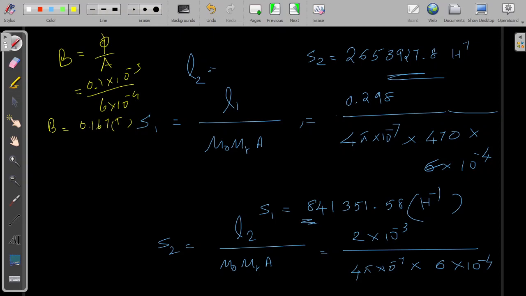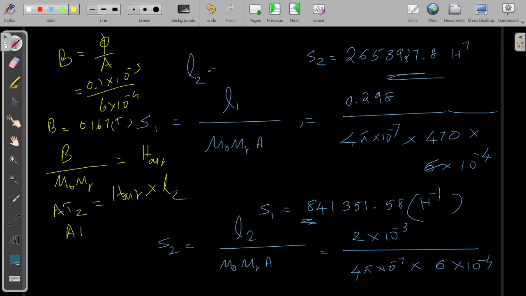Now what is changing is H air equal to B by mu 0 mu r. Here mu 0 is 4 pi into 10 power minus 7 and mu r is the relative permeability of air, which is nothing but 1. So H air will be different, and if you multiply H air into the air gap length L2, you will get AT2.